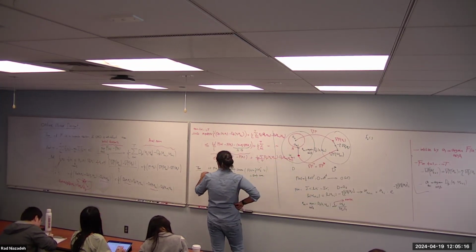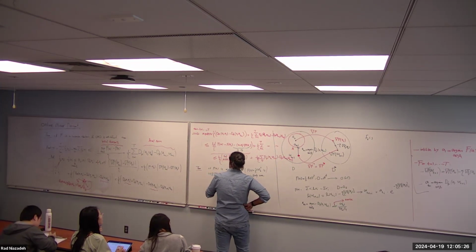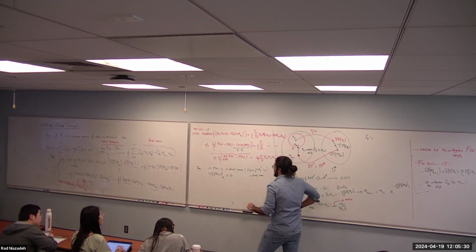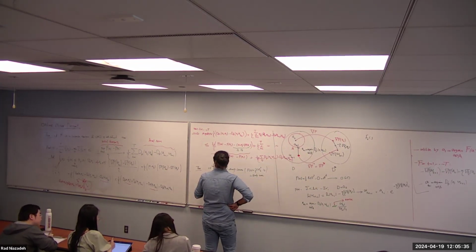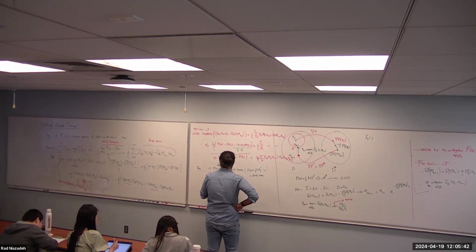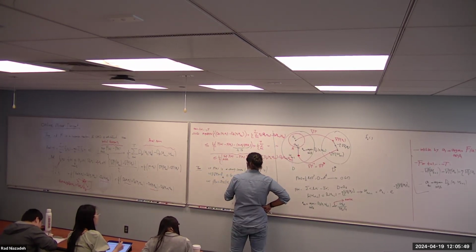The second assumption is that if I look at the gradient of f, the dual norm of this is at most G. And then the third assumption is that f of x minus f of y, in absolute value, is at most R squared for any two points x and y in A.